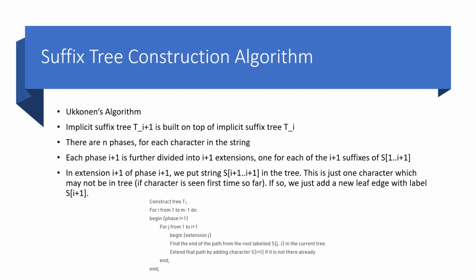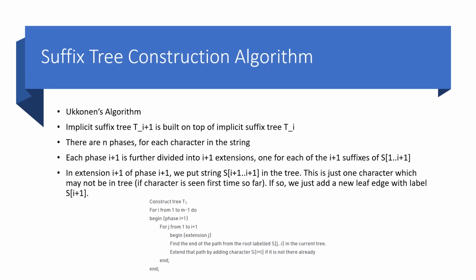So this picture below is a pseudocode of this algorithm, where we first construct the tree T sub 1, and then after that we have two for loops within each other, going from 1 to the string length minus 1, as well as for j from 1 to i plus 1 of that phase.